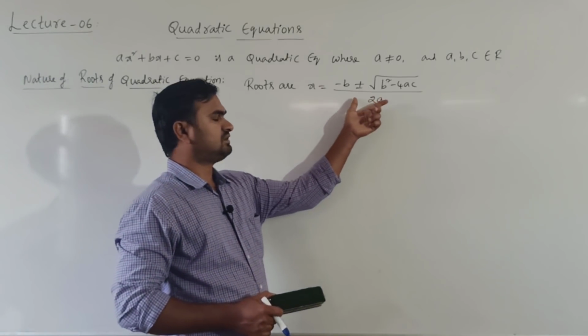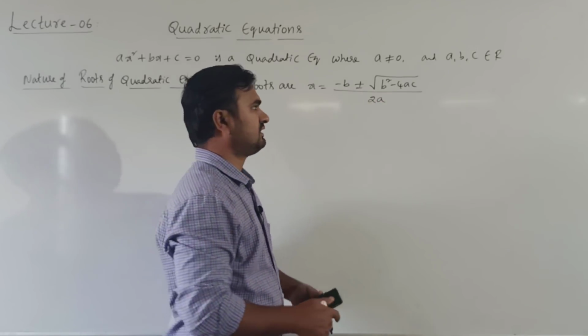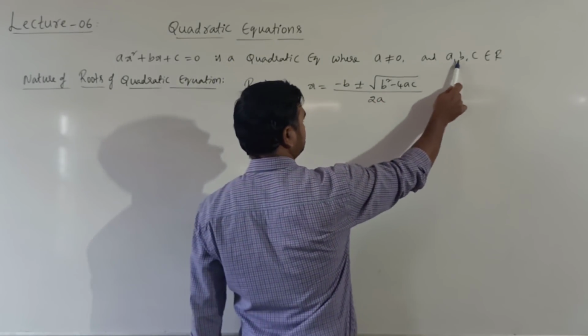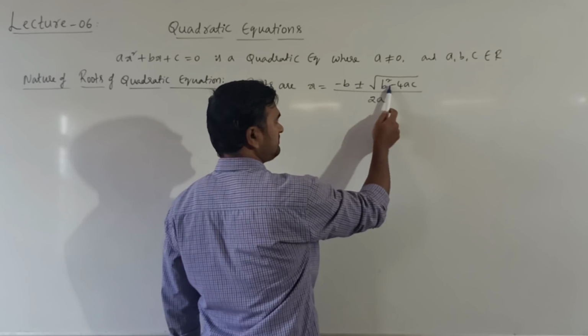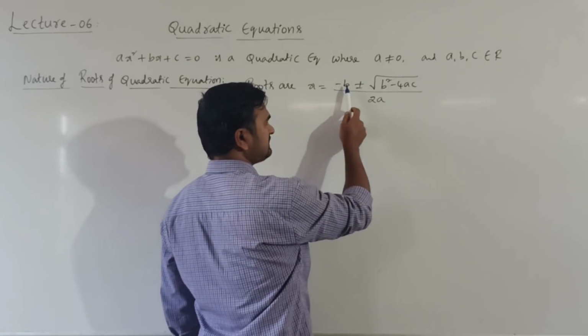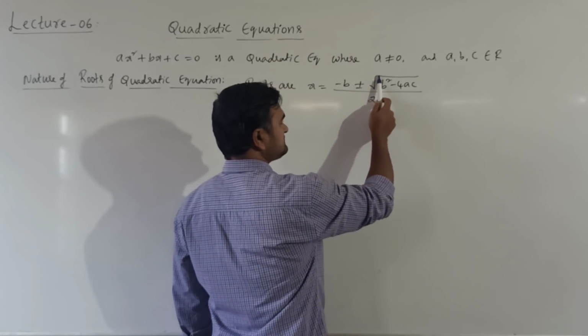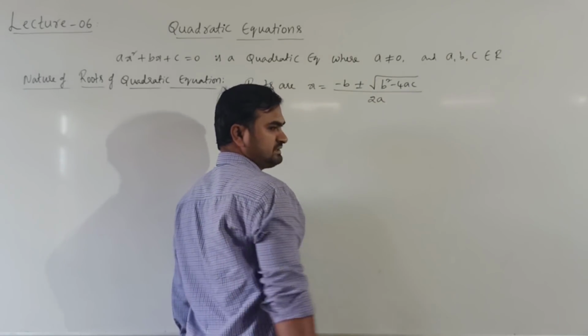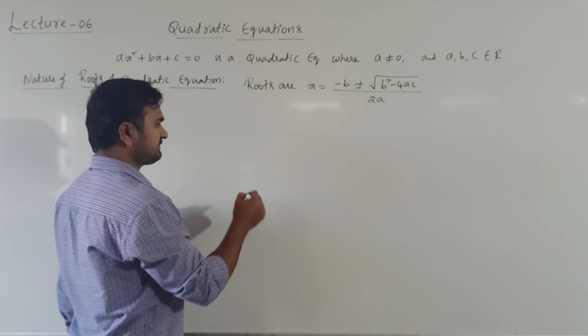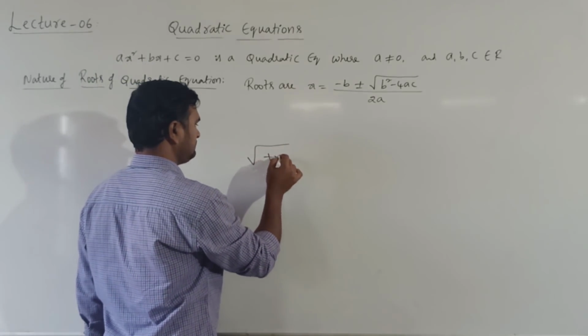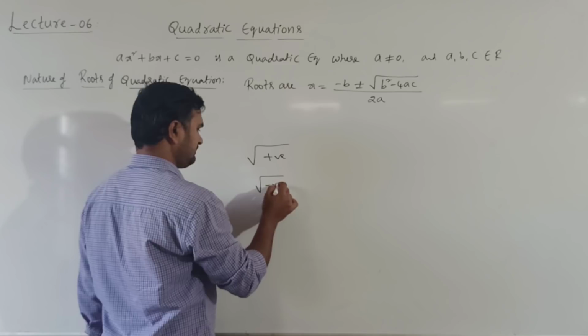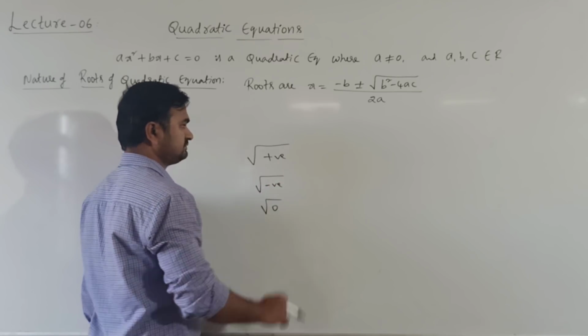Now this is the roots formula we are writing. When a, b, c are real numbers, b is a real number and 2a is a real number. Now it depends on the square root of b² − 4ac. We know the square root of a positive value, of a negative value, of 0.